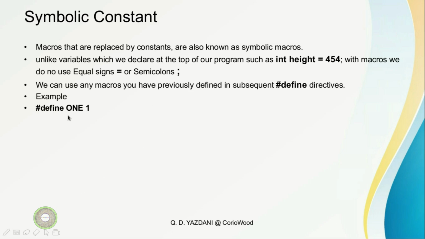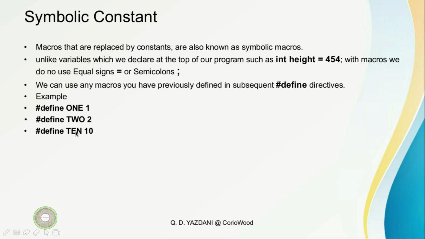For example, you can say define one. It has a hash define, and we put a constant in uppercase and an integer one, but there is no equal sign or semicolon to end the line. That's one straight line, and the next example is define 2, and the next is define 10.